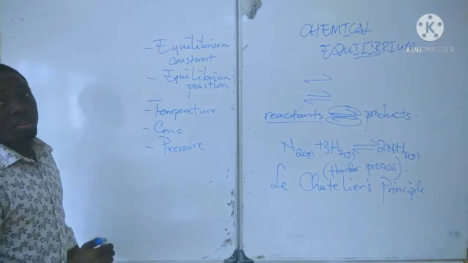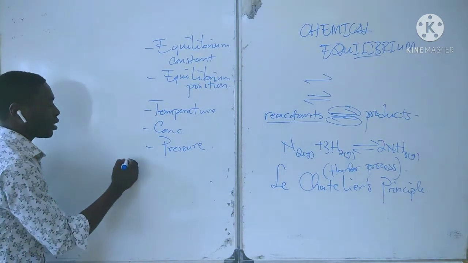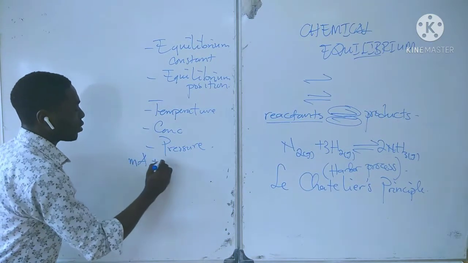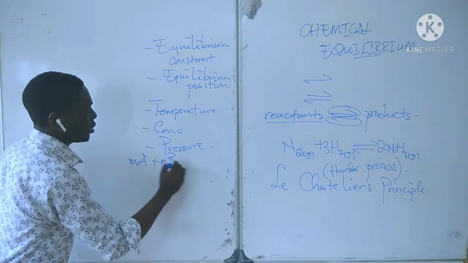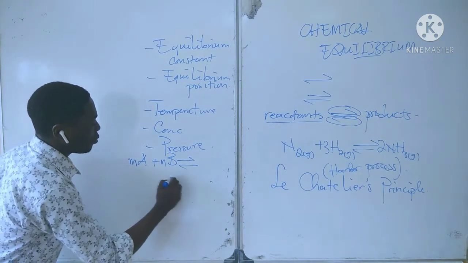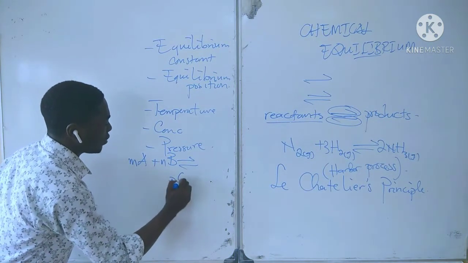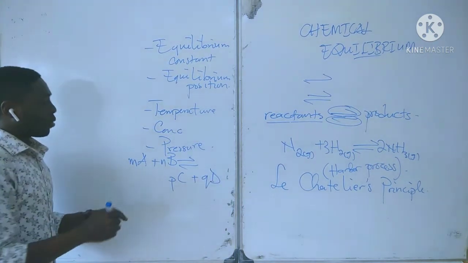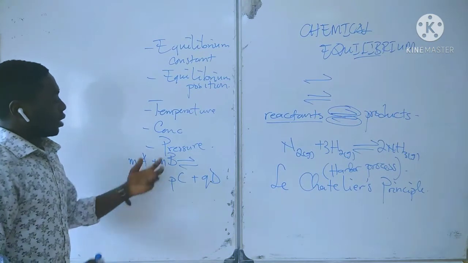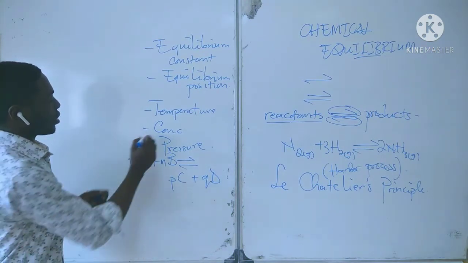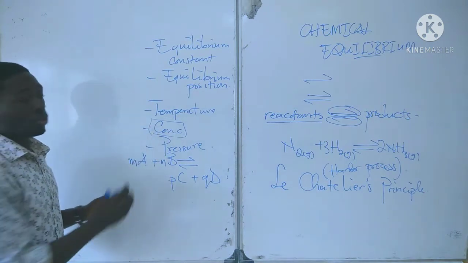Now just imagine you have a reaction, let's say nA plus nB in a reversible fashion to give, let me write it like this, pC plus qD. Now here, let's talk about concentration first.